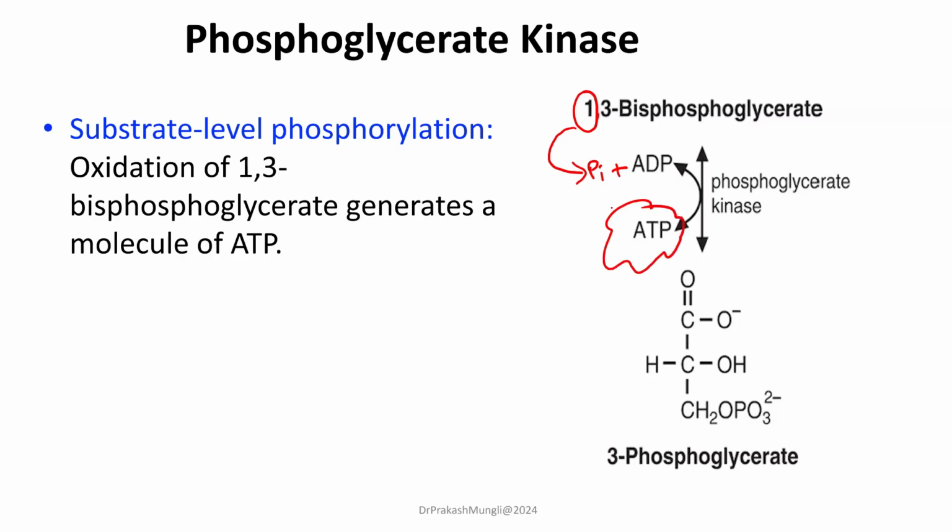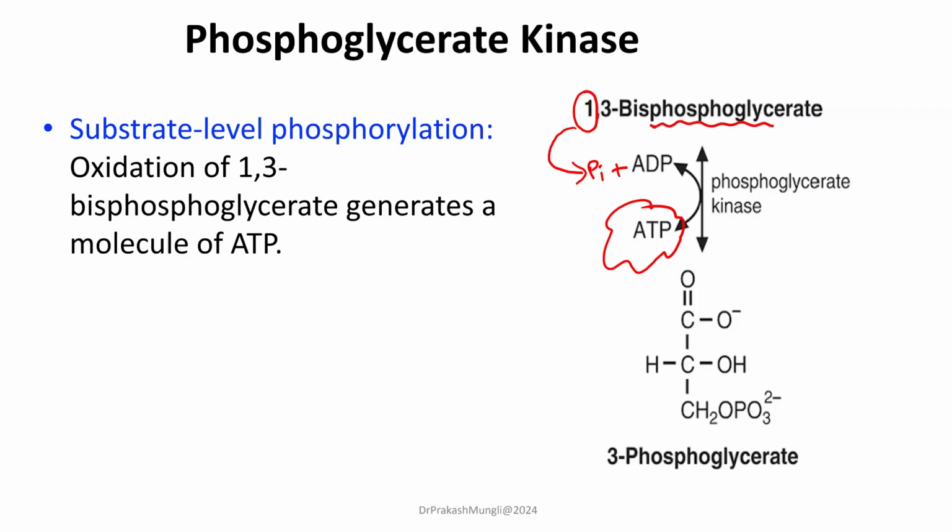So the enzyme has to transfer phosphate from the first carbon to the ADP in the cytoplasm. So any enzyme that transfers phosphate is a kinase. And that's why the enzyme name here is phosphoglycerate kinase. Okay. So why is it written phosphoglycerate?